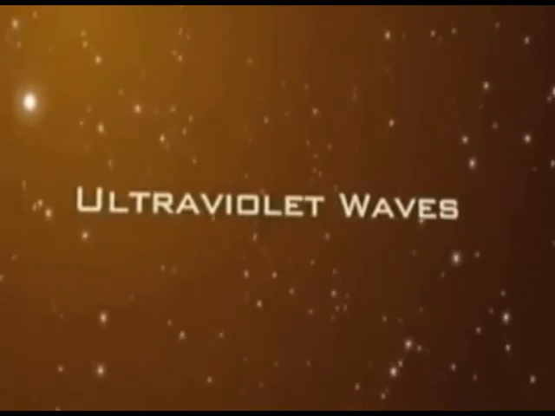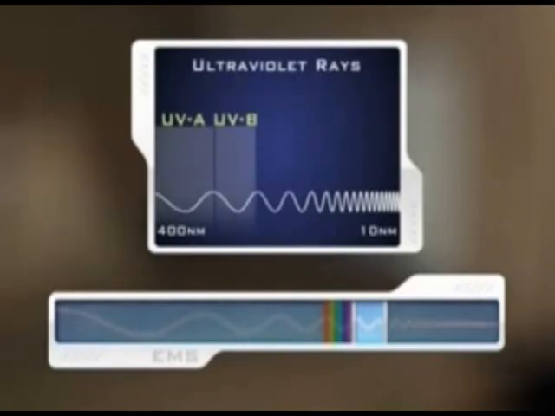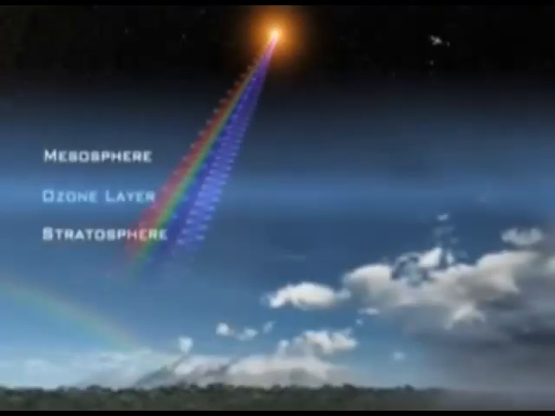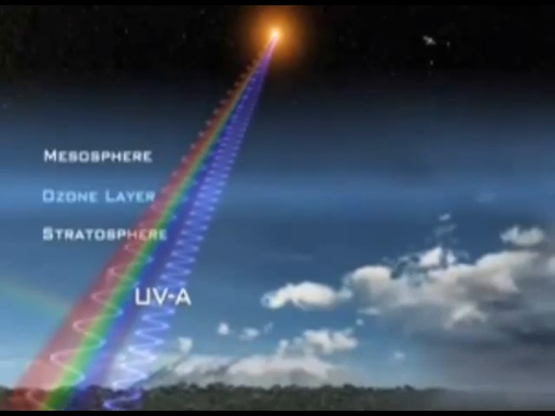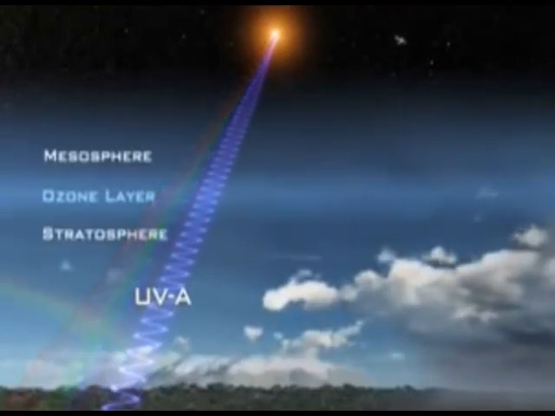Ultraviolet radiation. UV radiations vary in wavelength from 400 nanometers to 10 nanometers and can be divided into three regions: UVA, UVB, and UVC. Visible light from the sun passes through the atmosphere and reaches the Earth's surface. UVA, the long wavelength ultraviolet, is the closest to visible light.